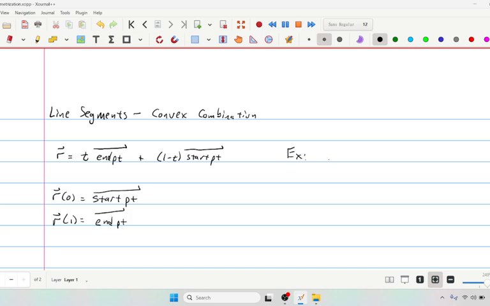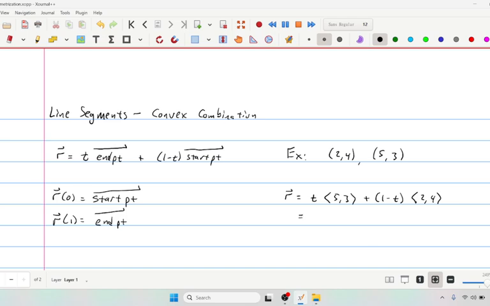Let's say we want to come up with a parameterization for the line segment that runs from 2, 4 to 5, 3. So I can say r will then be t times the endpoint, which is the vector 5, 3, plus 1 minus t times the starting point, the vector 2, 4.